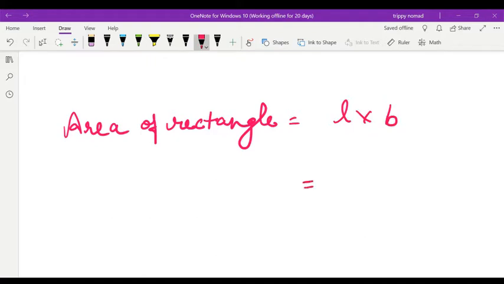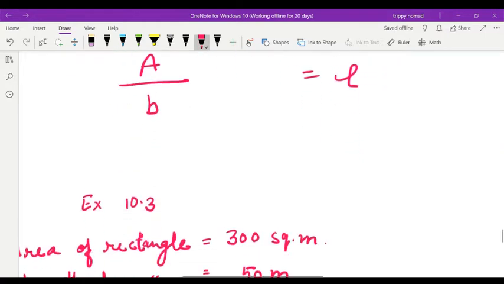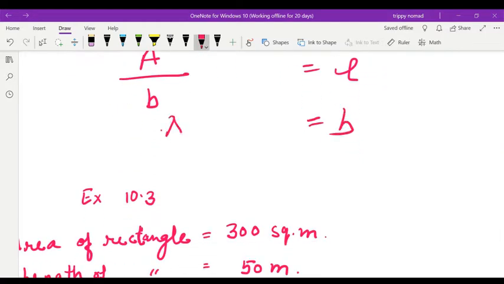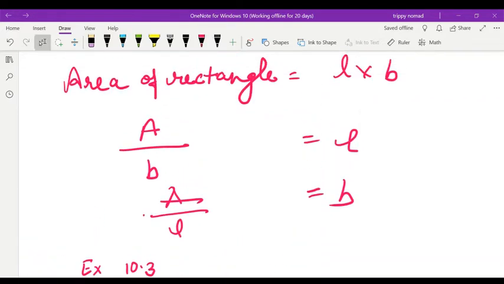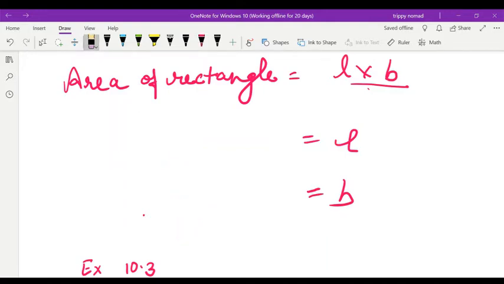Suppose you have to find out length, then area upon B. If you have to find out breadth, that means A upon L. What does it mean? Because this is in multiplication, if one of the measurement will come on left side, that will come in division. Multiply will become division. This is the way the formula has become. Okay, you understood the formula.